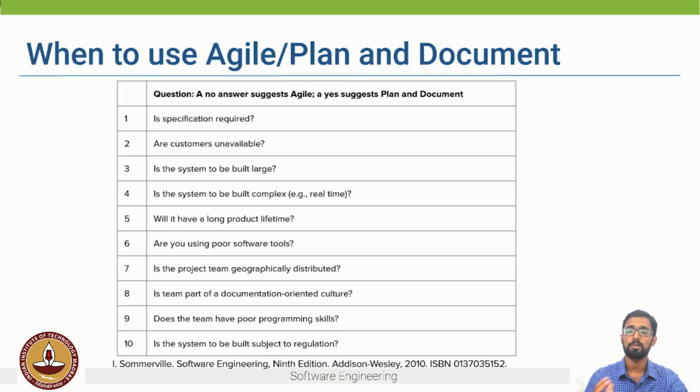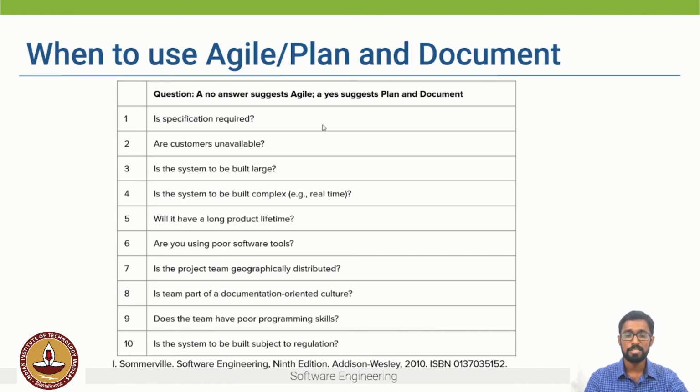Which process model to use depends on several factors, and this set of questions can help us get a better idea. A no answer to most of these questions suggests agile, whereas if it's a yes to most of these questions, then a plan and document perspective might be better. So let's look at these questions.